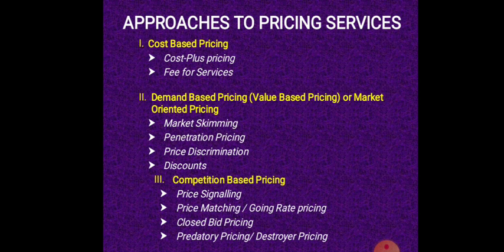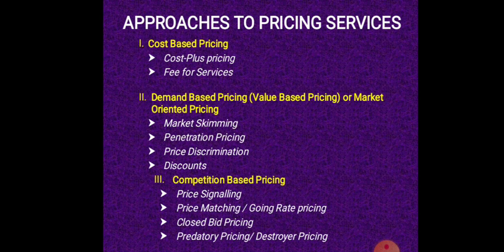Cost based pricing. As the name suggests, the company finds out the costs initially. These costs include the direct and indirect costs, the profit margin, etc., and then decides the price. So, the pricing decision starts with determination of various costs involved in delivering the service.